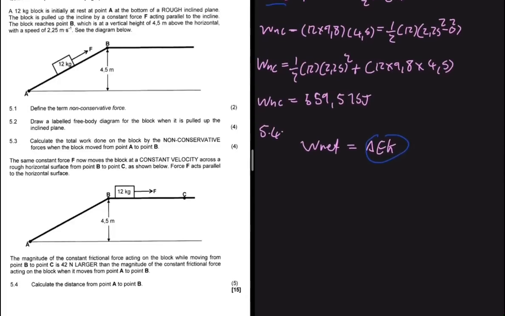So the net work is the work done by the applied force plus the work done by friction, which is equal to 0.